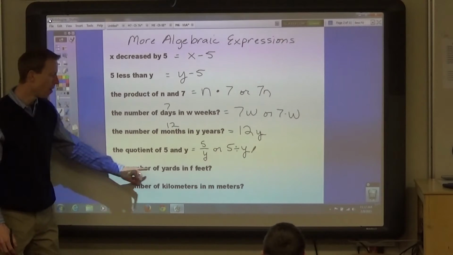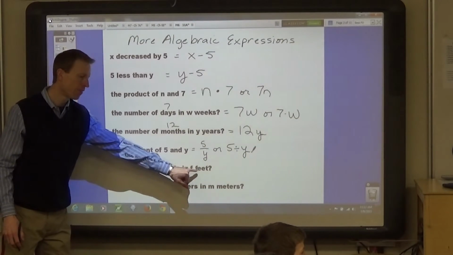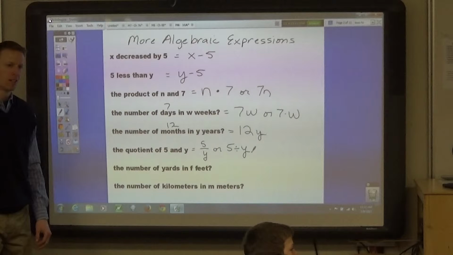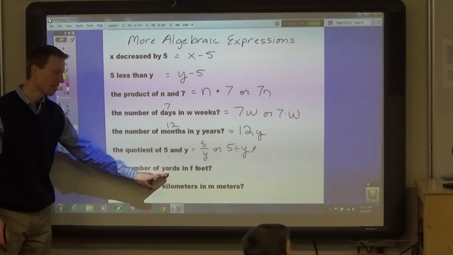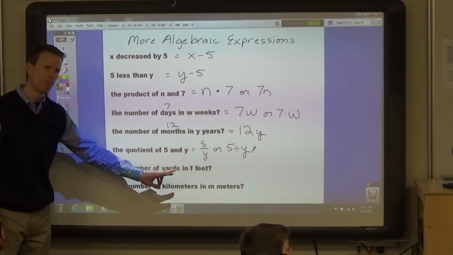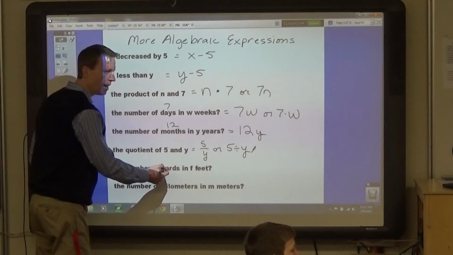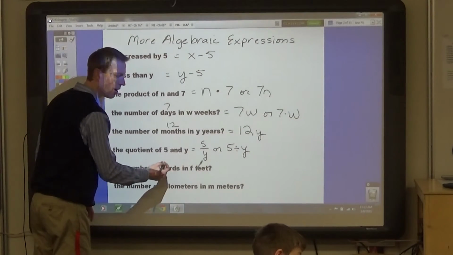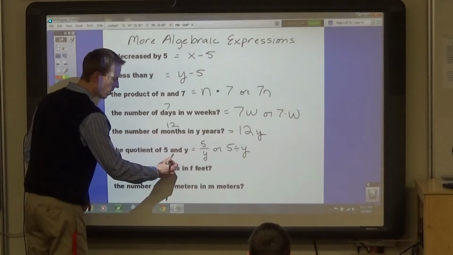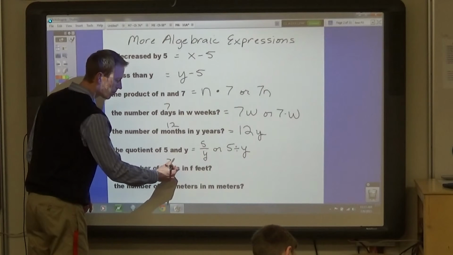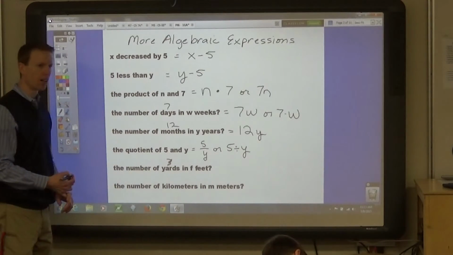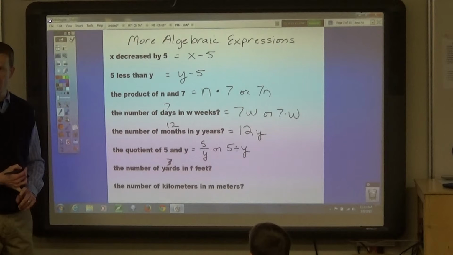So then the number of yards in f feet. The number of yards in f feet. How many, there's 3 feet in 1 yard. So, to get the number of yards, we're going to have to divide by 3.